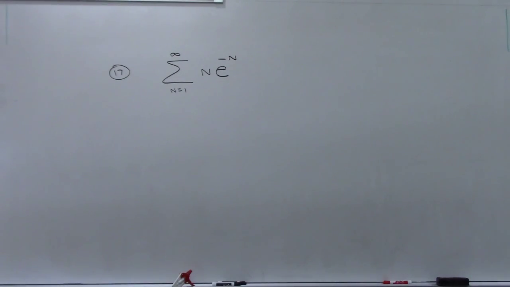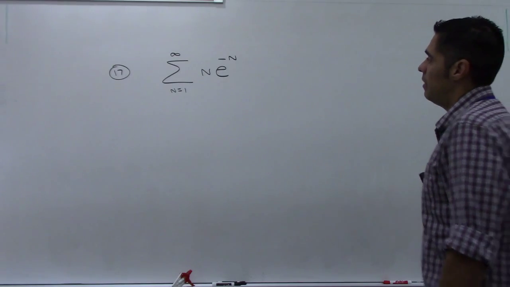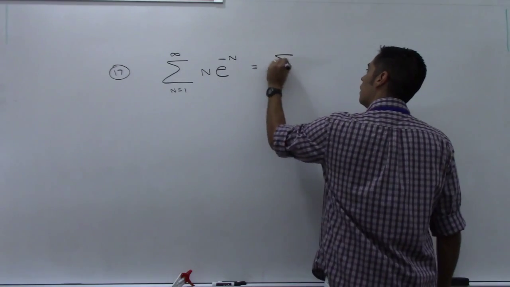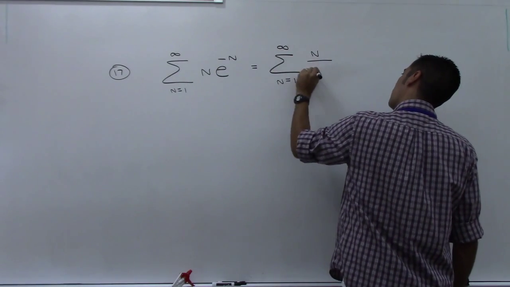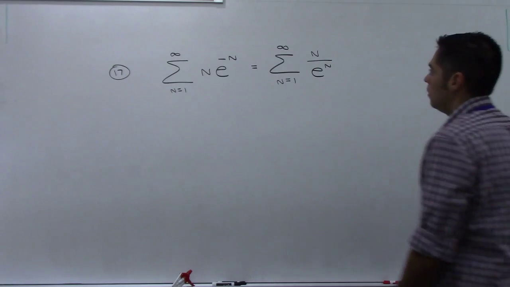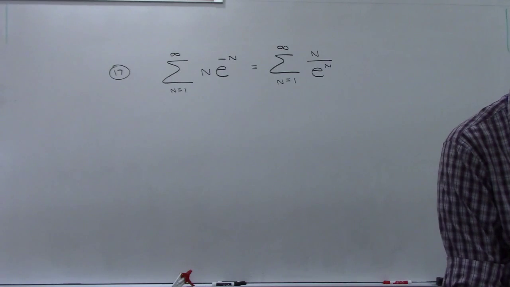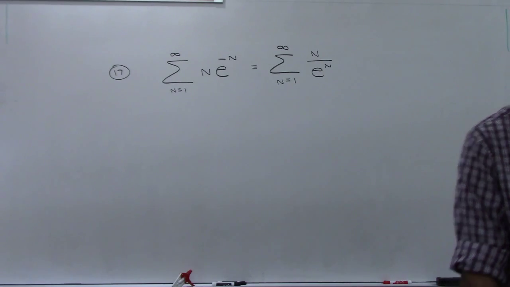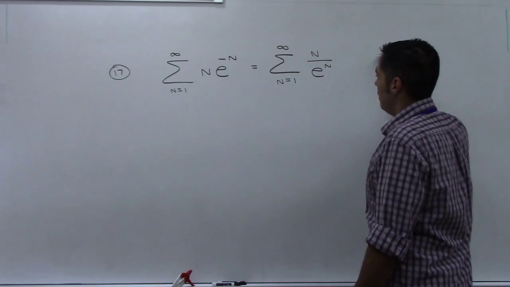Okay, n times e to the negative n. Let me first write this as a fraction. So when I look at this, if n gets really big, the top looks like n and the bottom looks like e to the n.